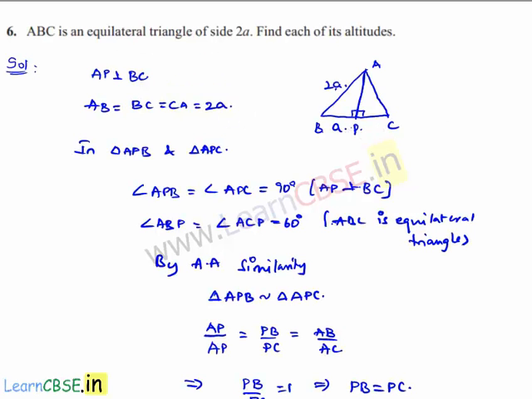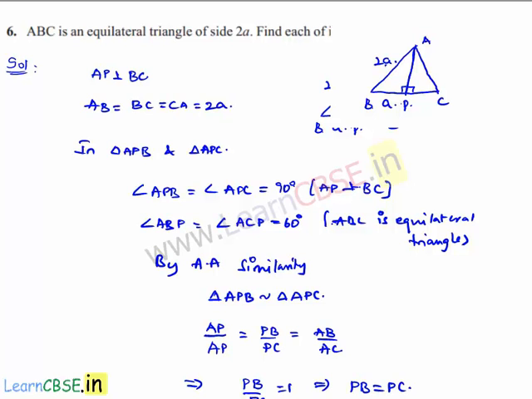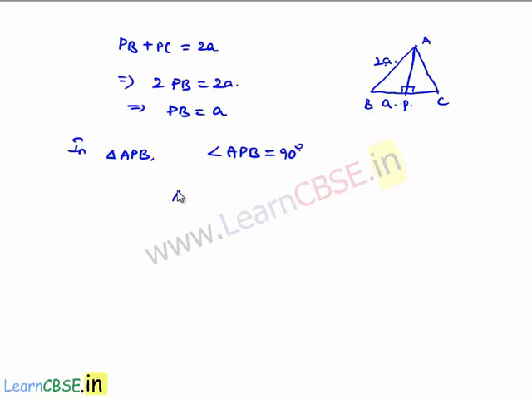So if we consider right triangle APB, angle APB is equal to 90 degrees. Now we can apply the Pythagoras theorem: AB square is equal to AP square plus BP square, which implies AB square, which is nothing but 2A whole square, is equal to AP square, we need to find the value of AP, plus BP square, which is nothing but A square.